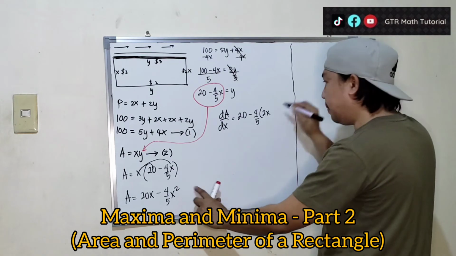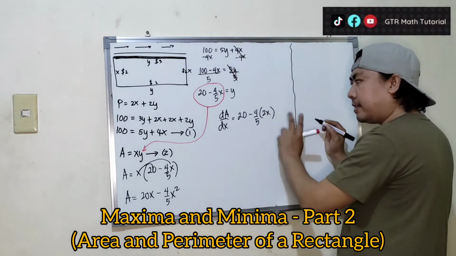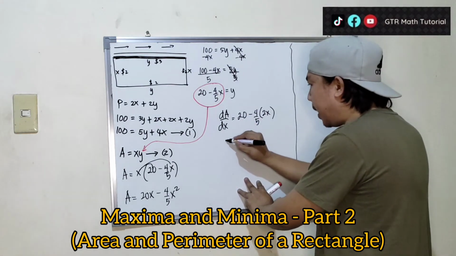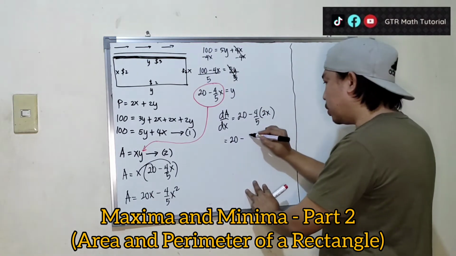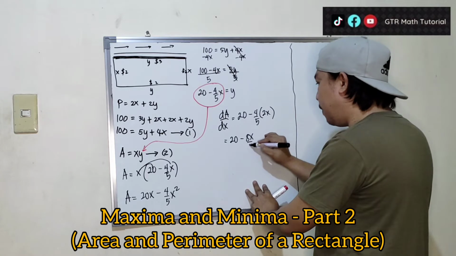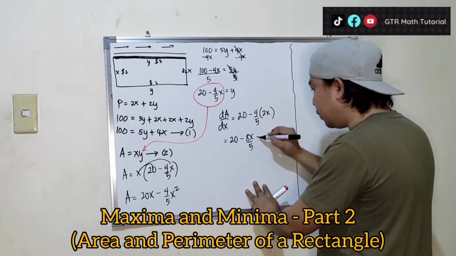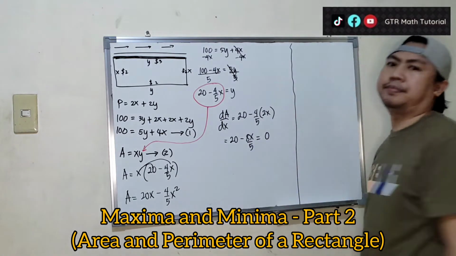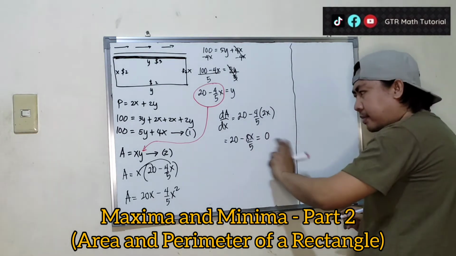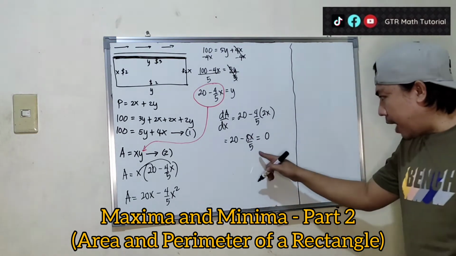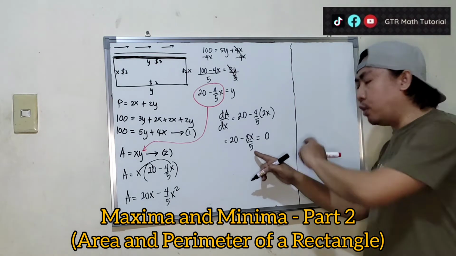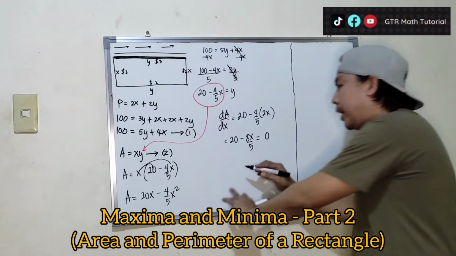Then simplify: we have 20 minus 4 times 2, that is 8x over 5, and equate to 0. Solve for x, so we have a denominator of 5; multiply both sides by the denominator of 5.